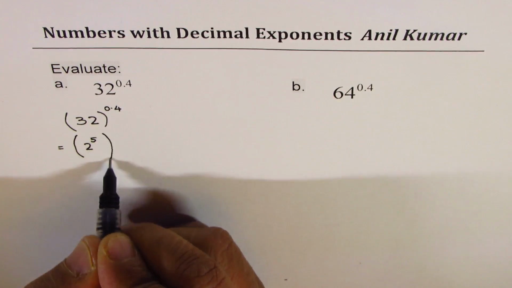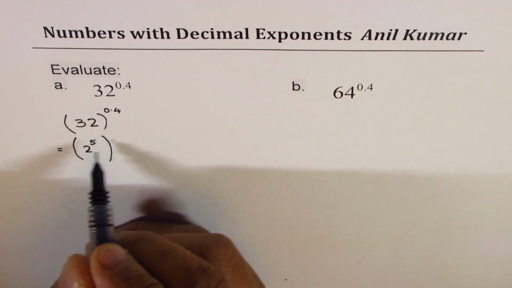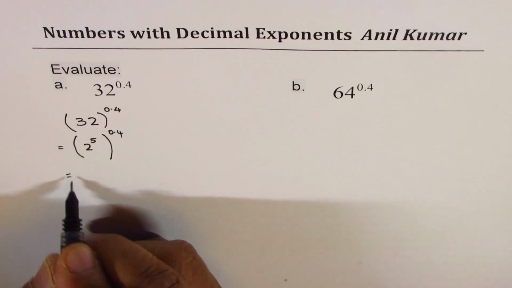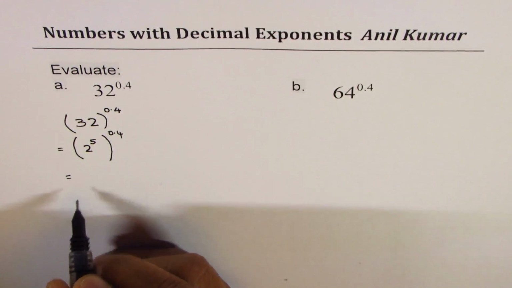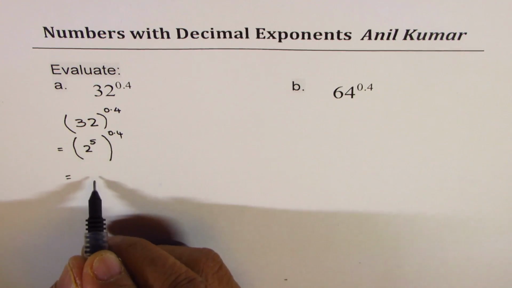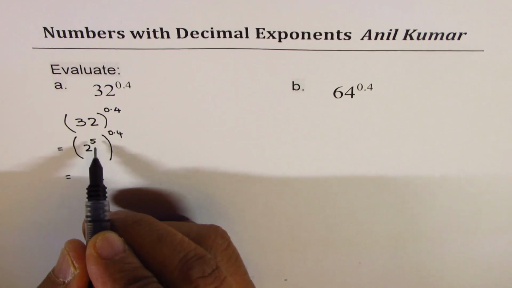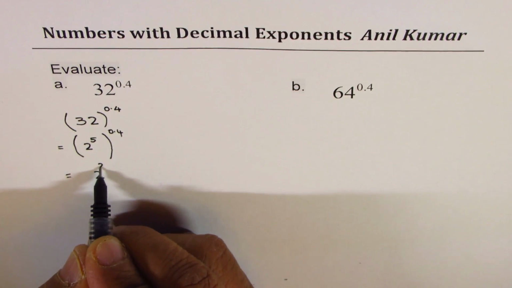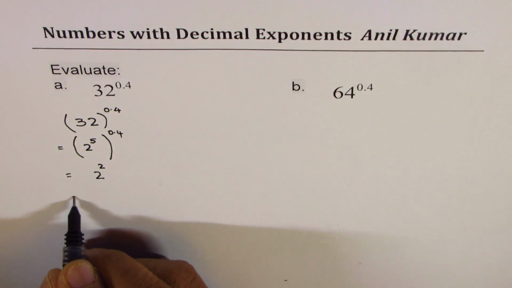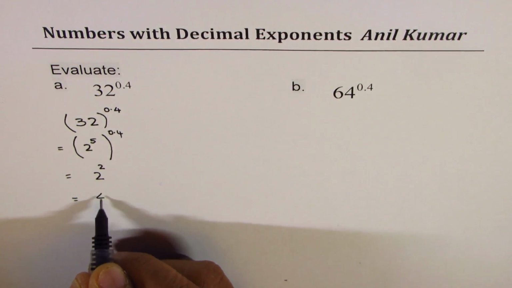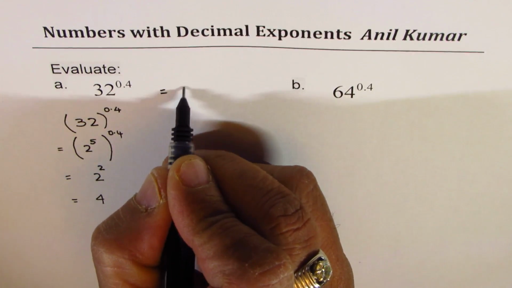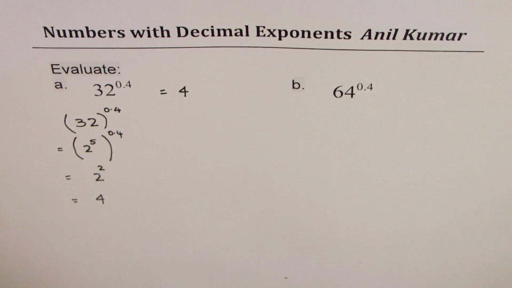Now applying the exponent rules, we can just multiply these two. So we get 2 to the power of 4 times 5, which is 20, with one decimal gives me 2, and that gives me a solution. 2 squared is 4. So we know 32 to the power of 0.4 is indeed 4.